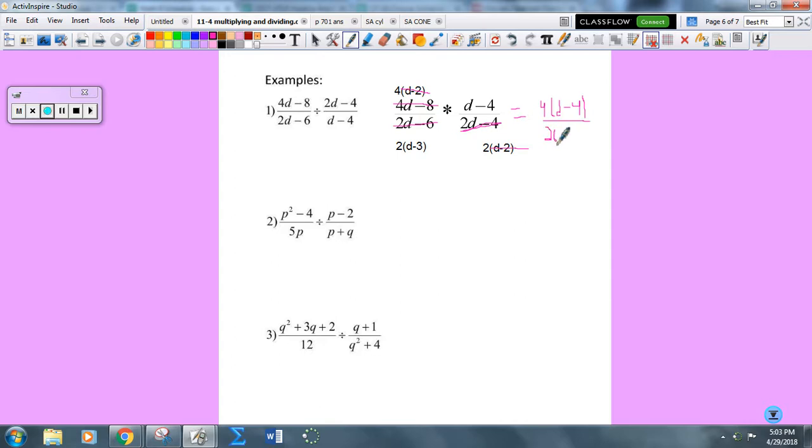Well, I cannot divide out the d's, because the d in the numerator is glued to that minus 4. The d in the denominator is glued to that minus 3. 2 and 4 are, however, factors, so I can divide 2 into 4 2 times. And then it's 2d minus 4 over d minus 3, or 2d minus 8 over d minus 3.